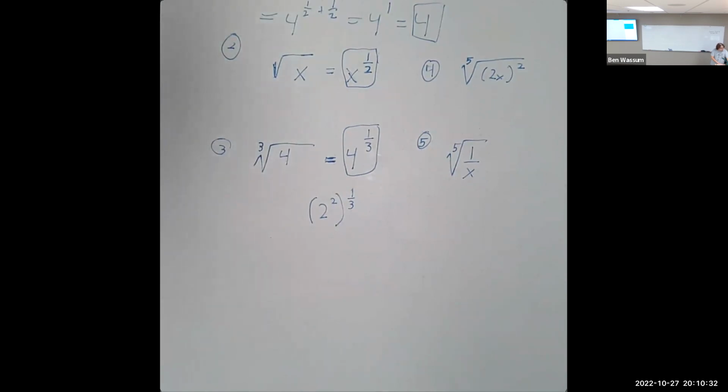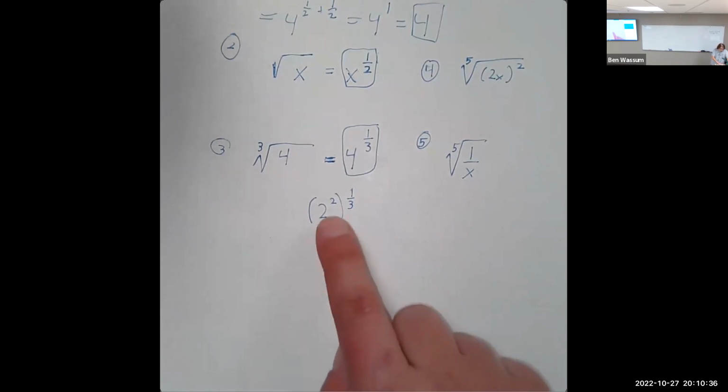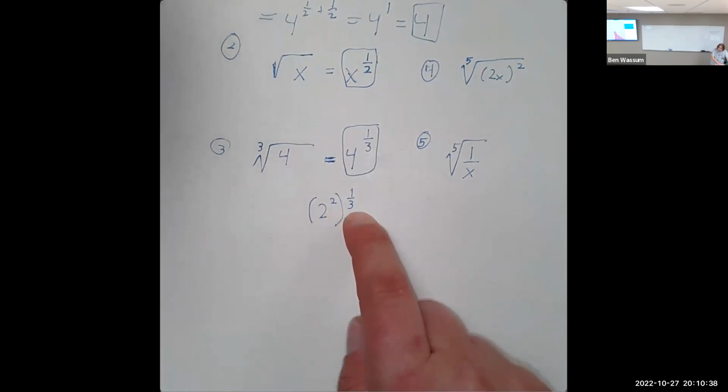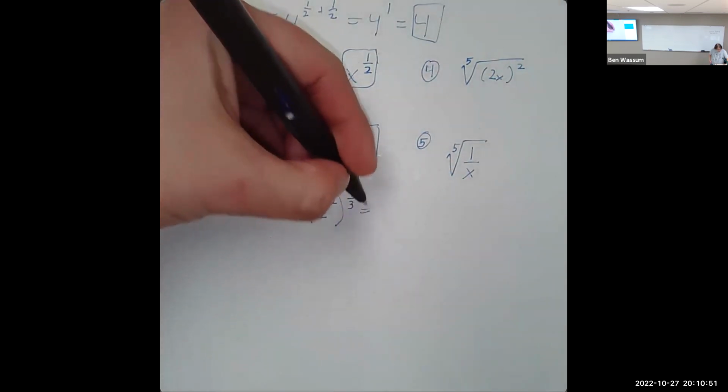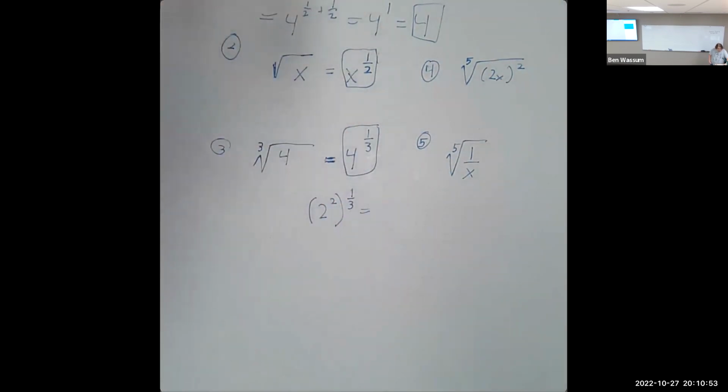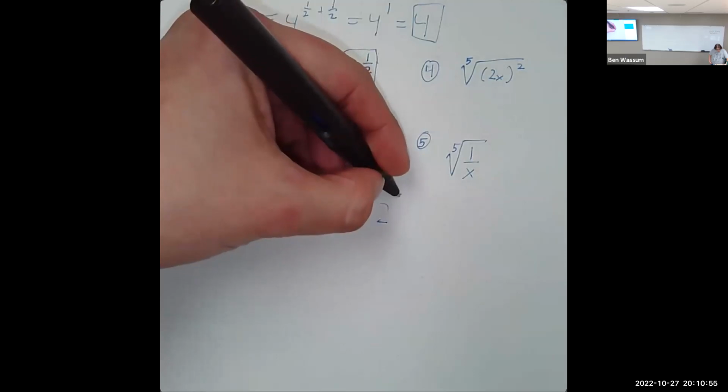Well, the same thing we've done before. If we have an exponent on the outside of a parentheses, that means it multiplies onto every power on the inside, right? Fractional exponents, they follow the exact same rules, no exceptions. So what do I end up with? Well, if I multiply 2 by 1/3, that's 2/3.